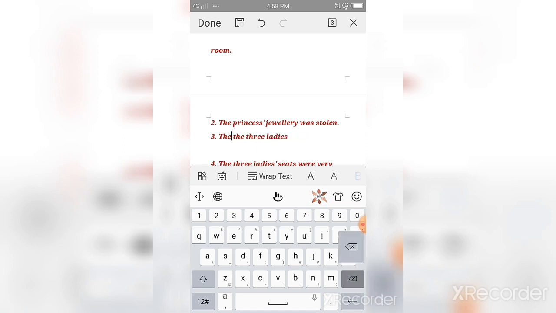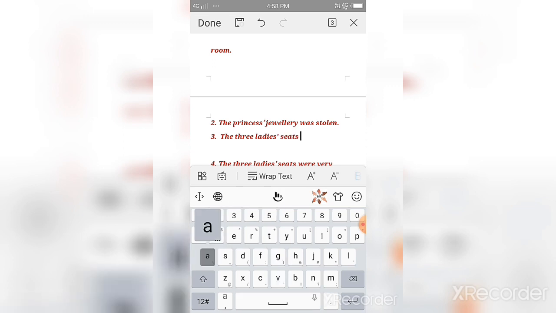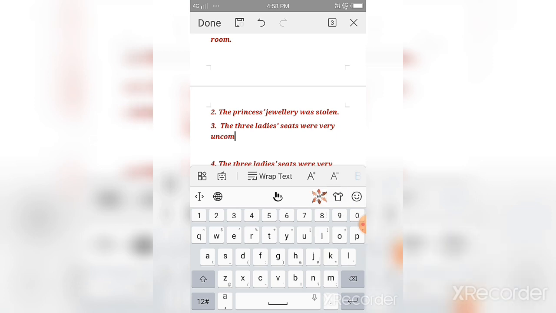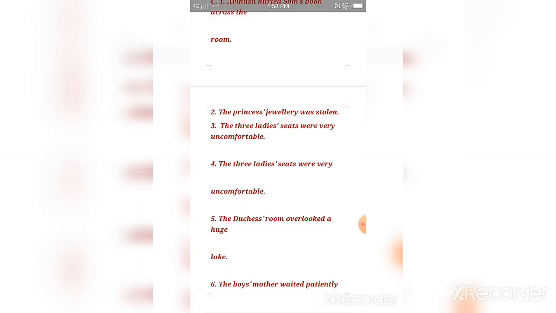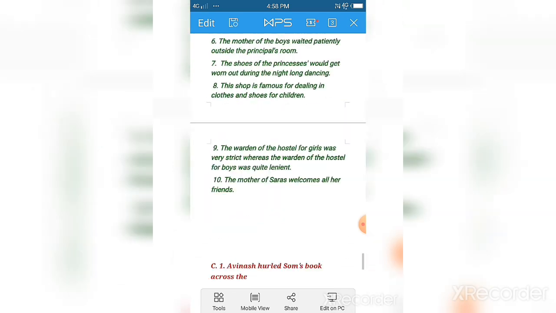You have to write it into possessive form. So that becomes the 3 ladies. That ladies is already plural, so you have to only put an apostrophe. The 3 ladies' seats were very uncomfortable.